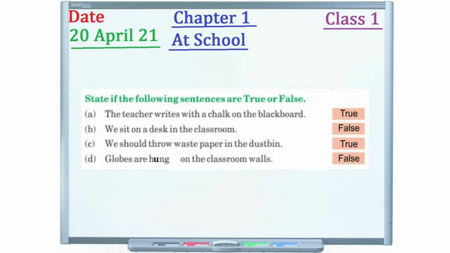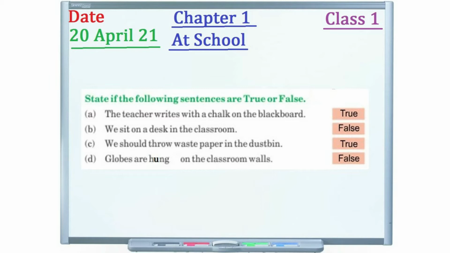C. We should throw waste paper in the dustbin. Yes, this is very good habit. So, C answer is true. D. Globes are hung on the classroom walls.